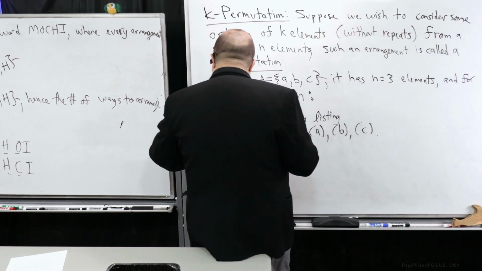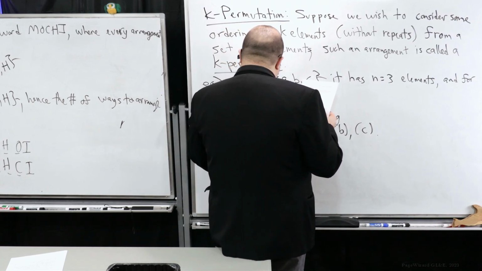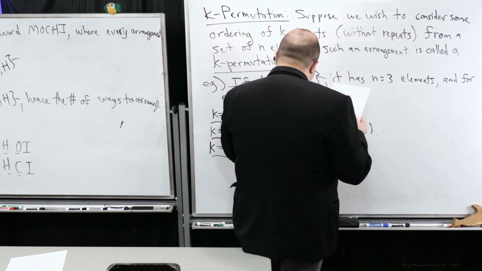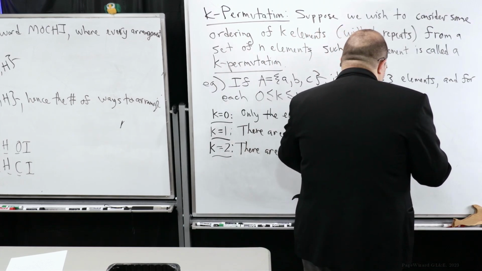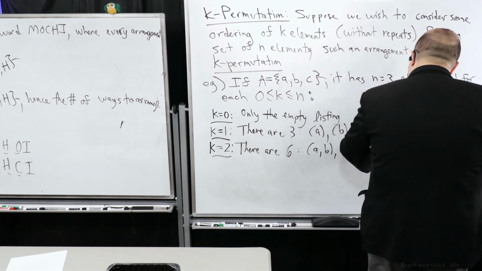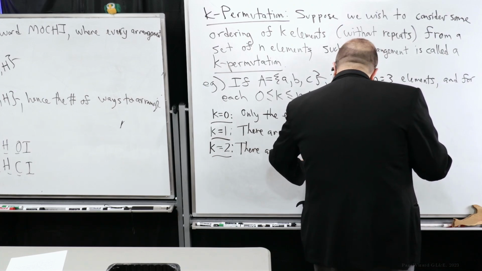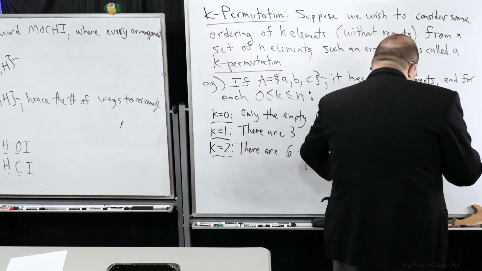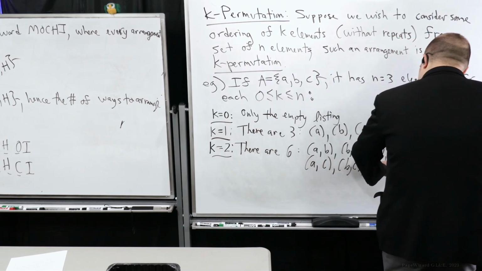How about k equal to 2? There are 6 in this case. We're going to have AB, BA, CA, then AC, then BC, then CB.